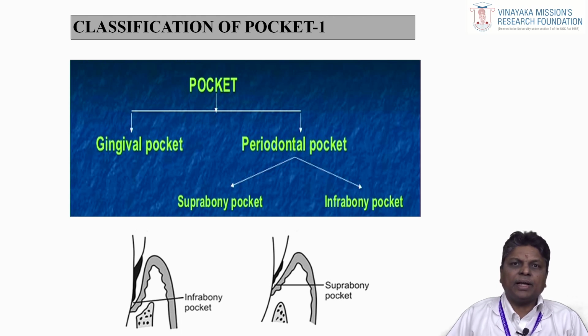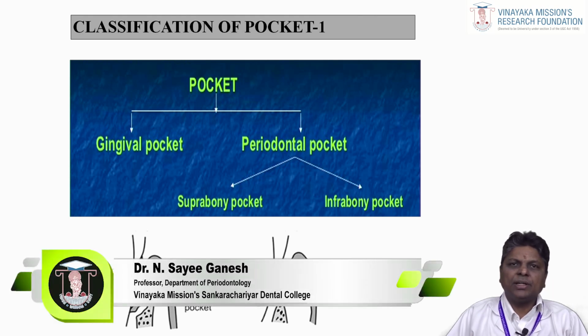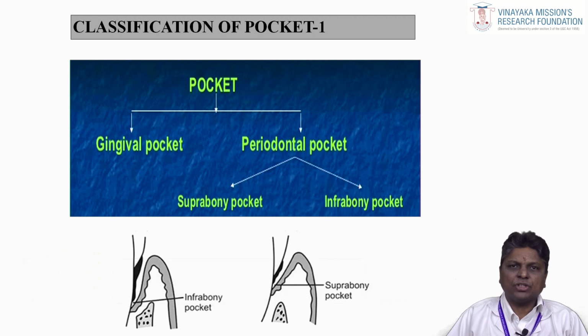Then the terminal area of the sulcus is called the junctional epithelium, which is a very classical feature in dentistry. It gets attached to the tooth surface, not to the soft tissue, at the cemento-enamel junction. So the junctional epithelium attached to the cemento-enamel junction is a very important point.